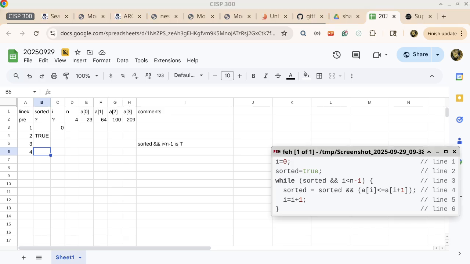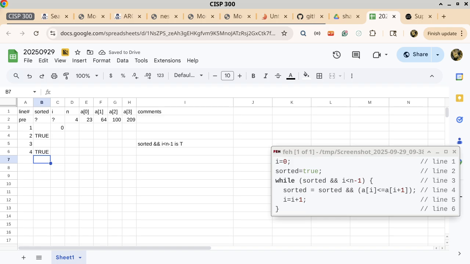So that means we have true, and that means this conjunction returns a value of true, and we store the value of true back into sorted. So we say, yep, sorted is in fact updated to the same value that it had already from before.